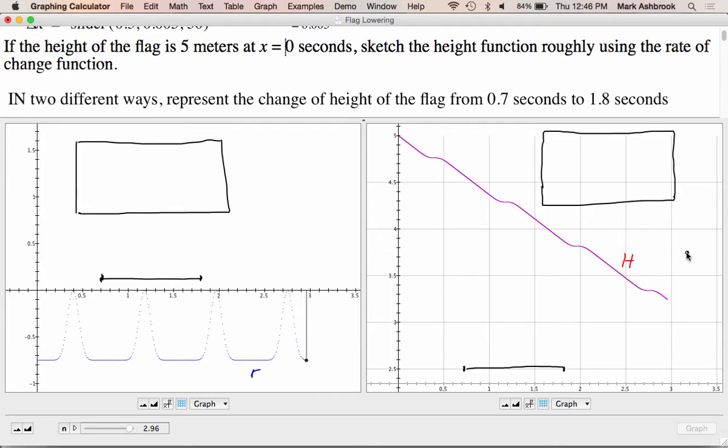Yeah, I like that one. This one's not right. I like that one. Do you all agree?